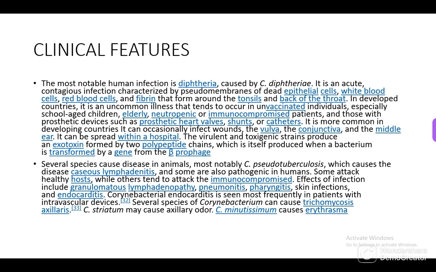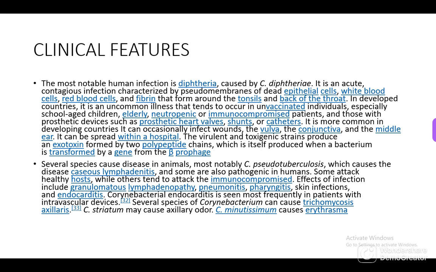It is more common in developing countries. It can occasionally affect wounds. This is important because there are injuries going on in the city, mostly among motorcyclists or rickshaw drivers.